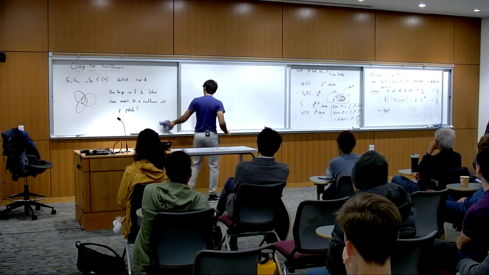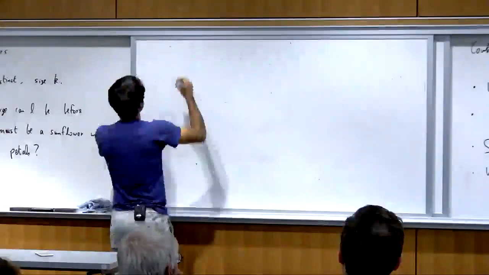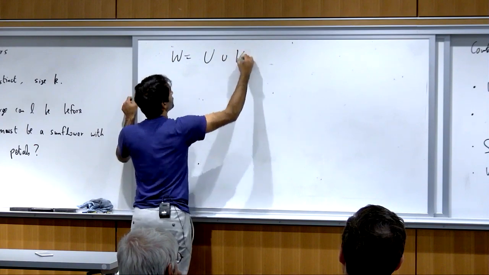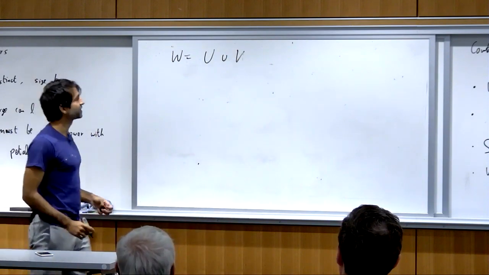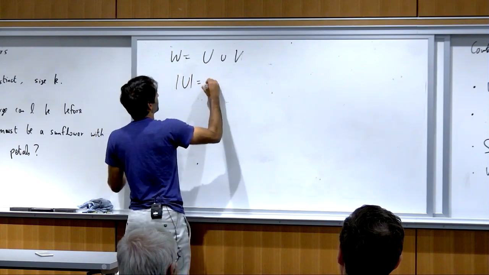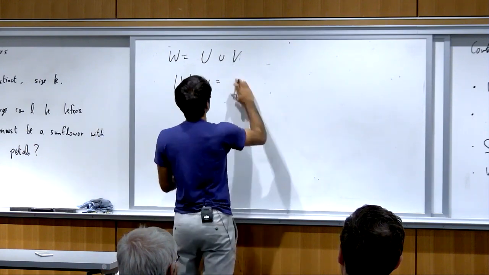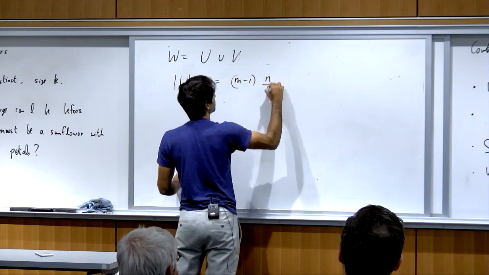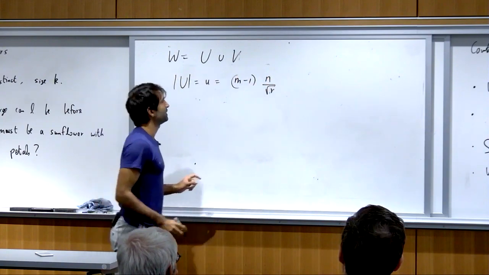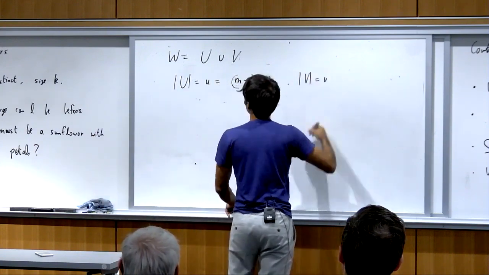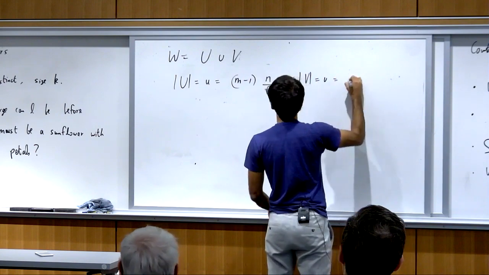We'll imagine that W is equal to the union of two disjoint sets, U union V. The size of U is this quantity little u, which is m minus 1 times n over squared r, and the size of V is little v, which is equal to n over squared r.